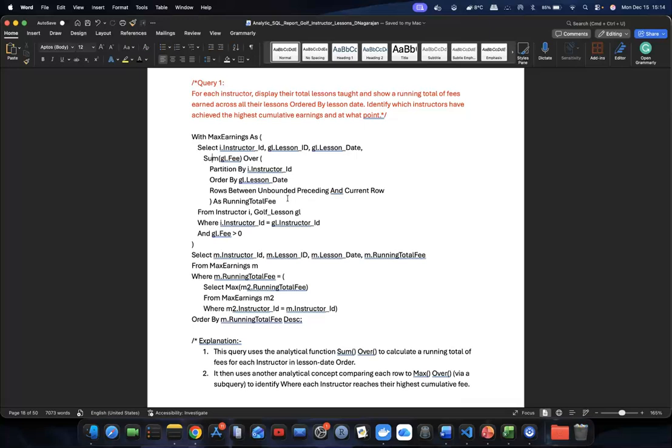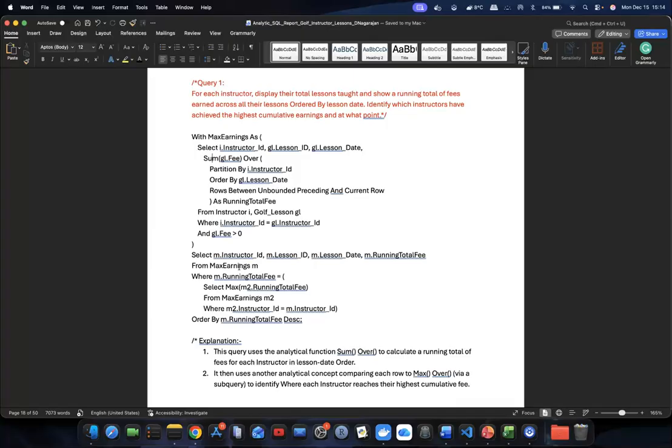This common table expression outputs the instructor ID, the lesson ID, the lesson date, and the cumulative total fee after that lesson. The outer query reads from max earnings and uses a correlated subquery to find the peak point for each instructor.